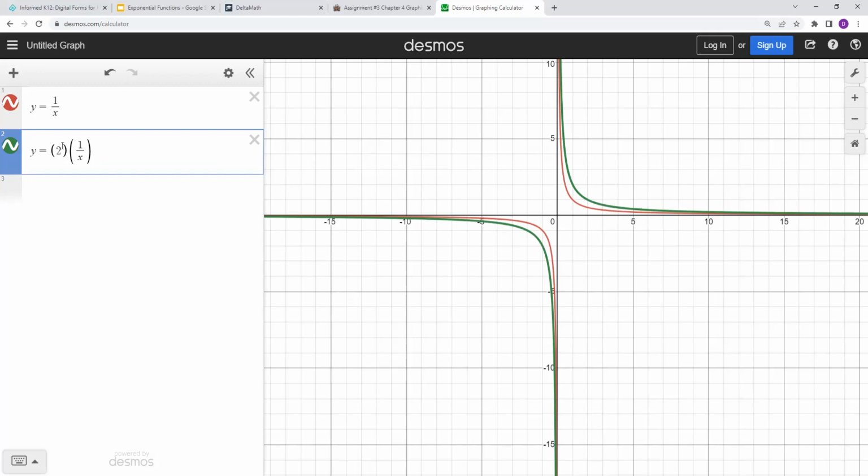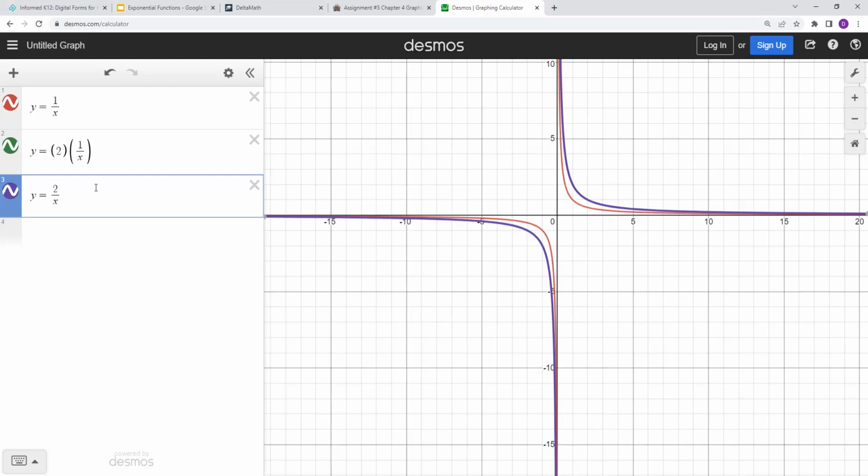You could also write it another way, though, right? You could multiply the 2 and the 1 over x, so y equals 2 over x is the same thing. Just be aware that the number on top can also be the vertical stretch, because it's already implied that 2 times the 1 is multiplied.